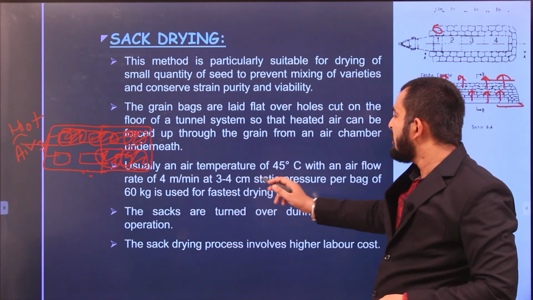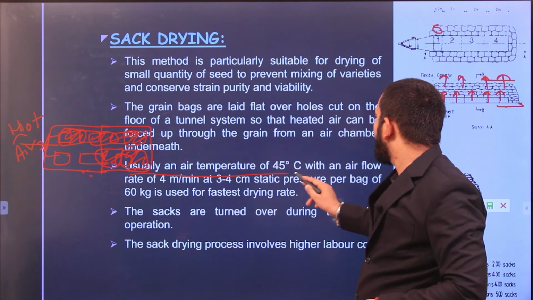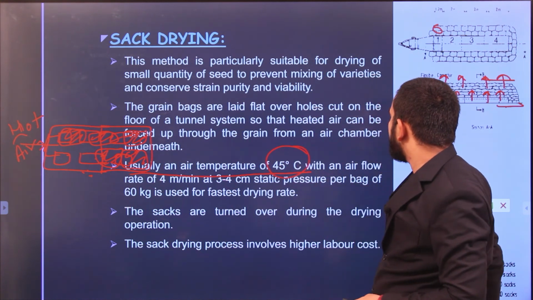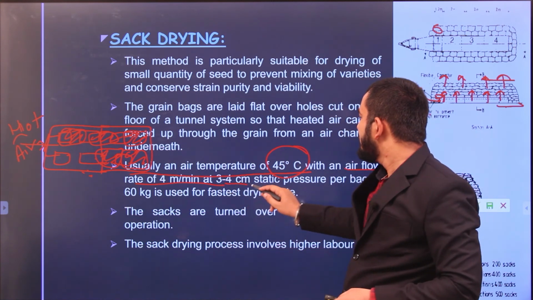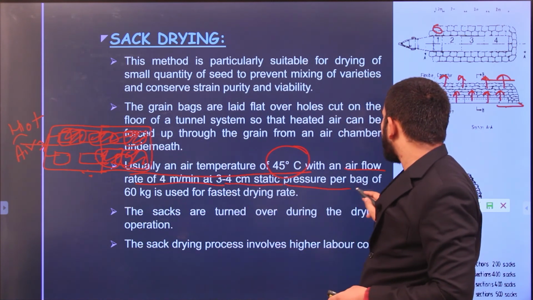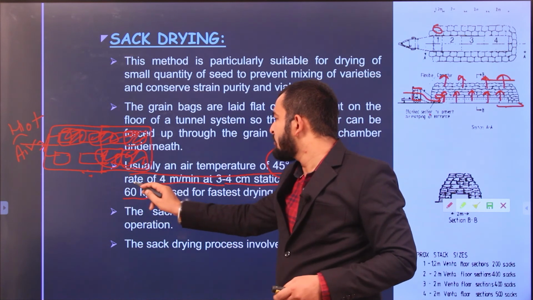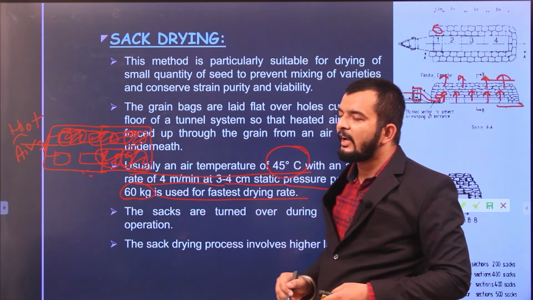As you can see, usually an air temperature of 45 degrees Celsius with an airflow rate of 4 meters per minute at 3 to 4 centimeters of static pressure per bag of 60 kg is used for the fast drying method.